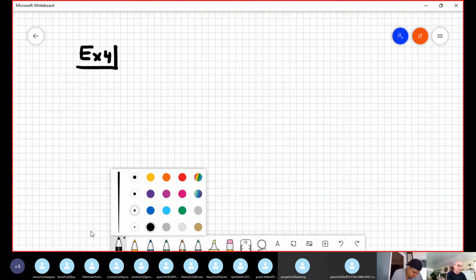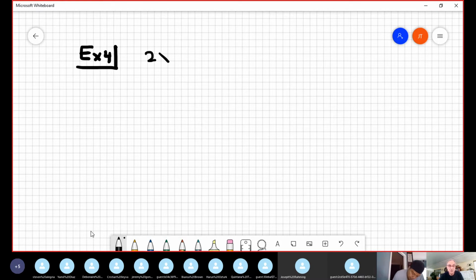I have two papers: the paper for the equation and the paper for the matrix. Now, this is the paper of the equation. Example 4 is 2x plus 3y minus c equal 3. Equation 1.